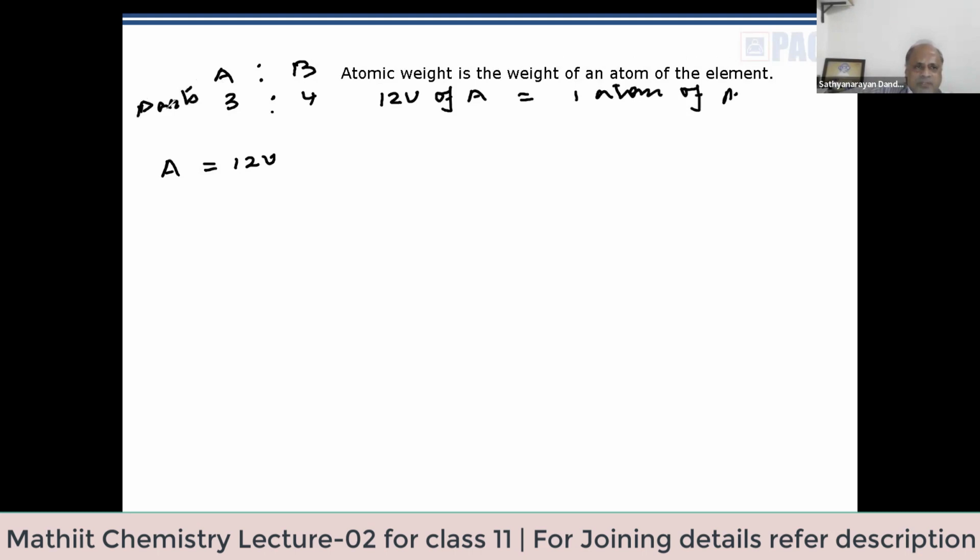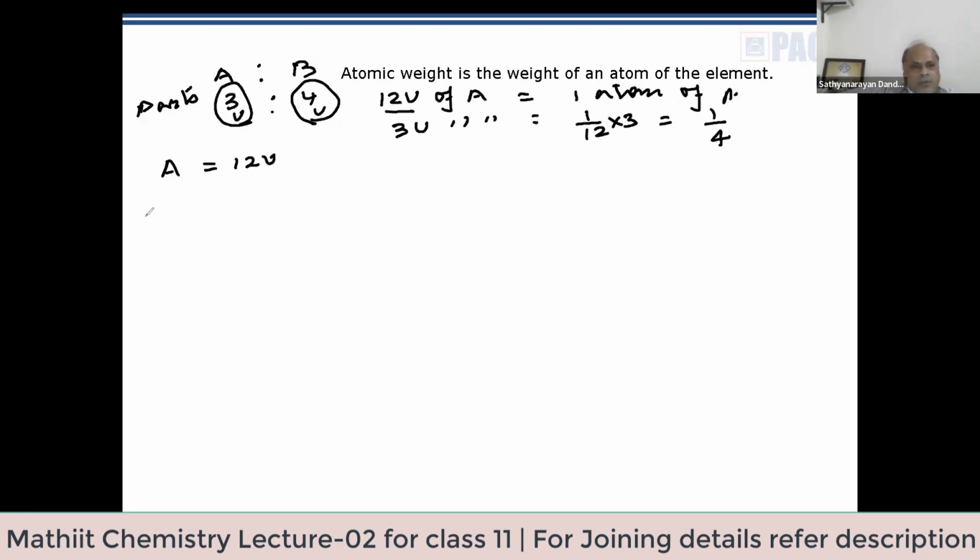Parts by weight also means U only. 3 parts combine with 4 parts. Now tell me, if 12U means 1 atom, 3 parts means how many atoms? 1 by 12 into 3, which is equal to 1 by 4. Right or wrong?